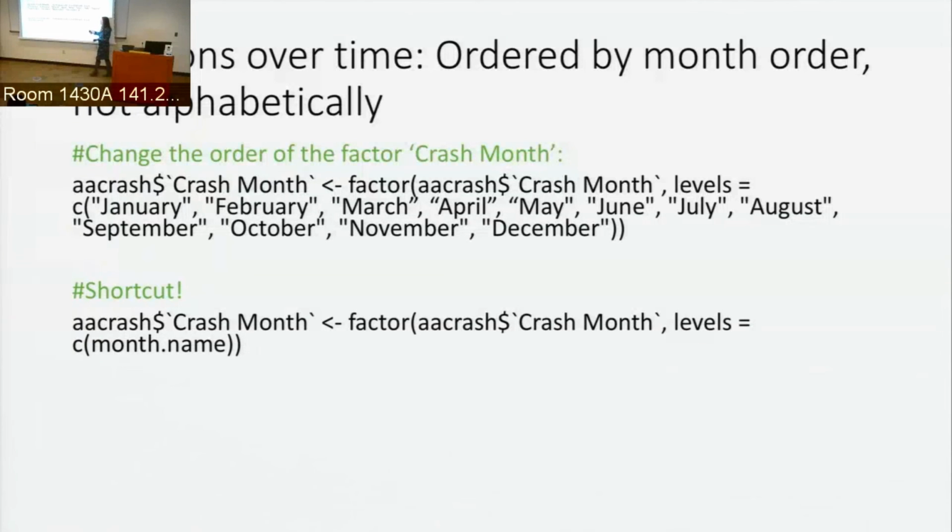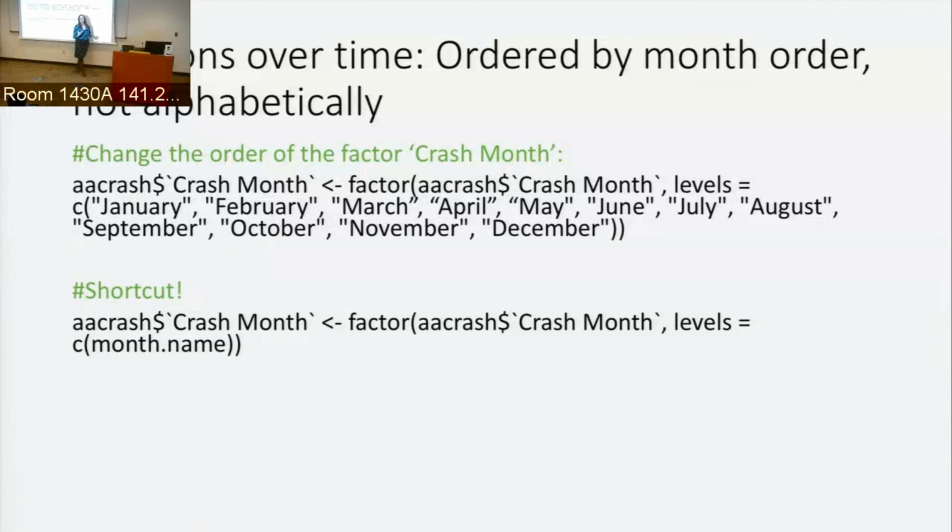So essentially, we're calling the data set first, crash. The $ is a way to call a specific variable within your data set. We only want to transform crash month, so we type crash month after that $ symbol, again in backticks if you're working with the Excel version. Then you type an arrow, a left arrow dash, which saves this in the new variable.